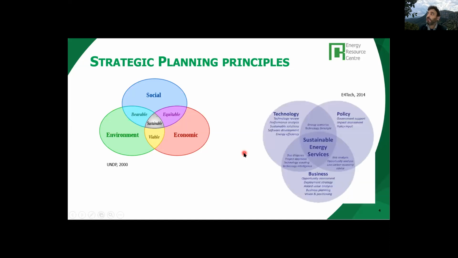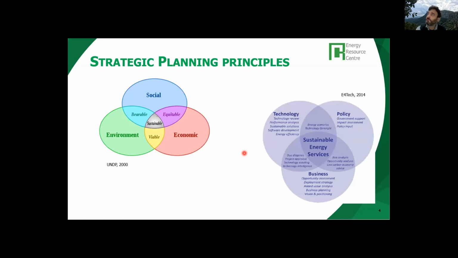Of course, now we have some evolutions of these concepts from a specific energy supply point of view. This is an example I like from a company in the UK, called E4Tech, that specifically adapt this concept for the framework of energy services provision.